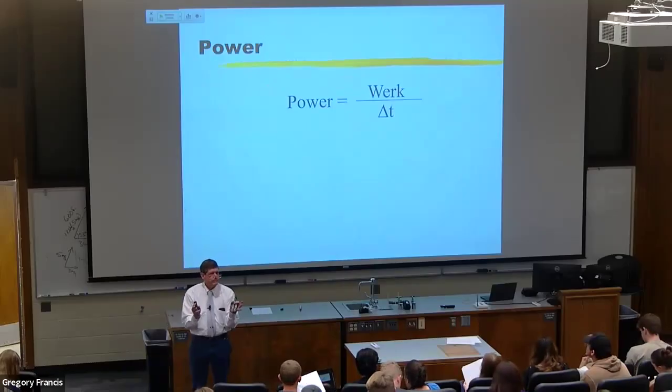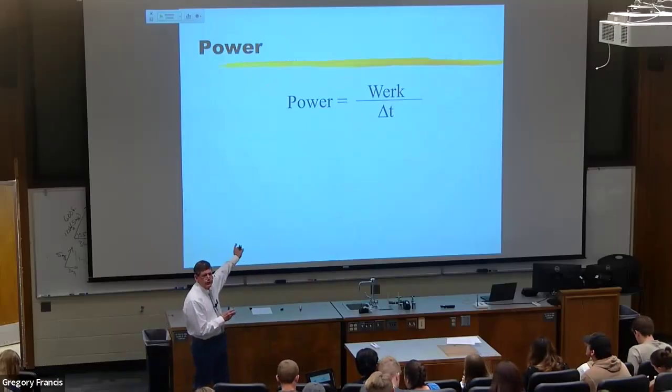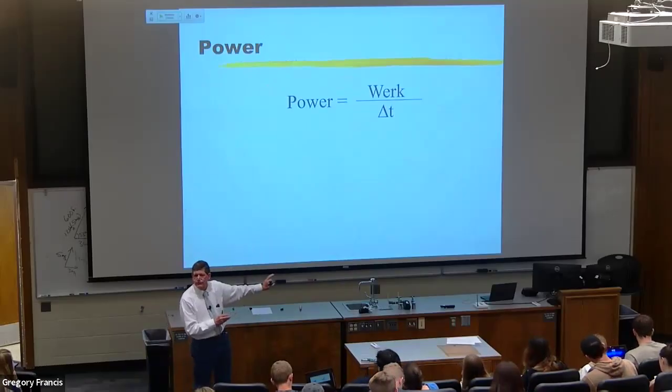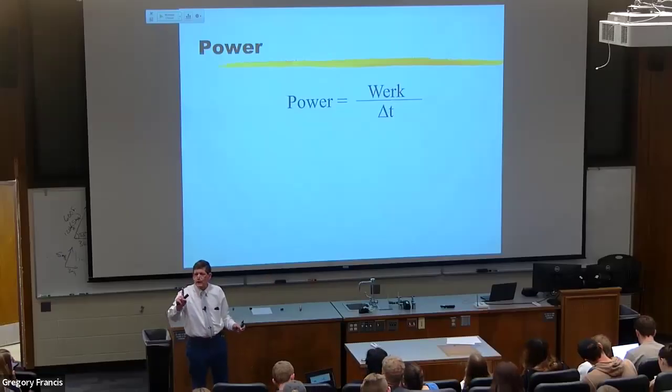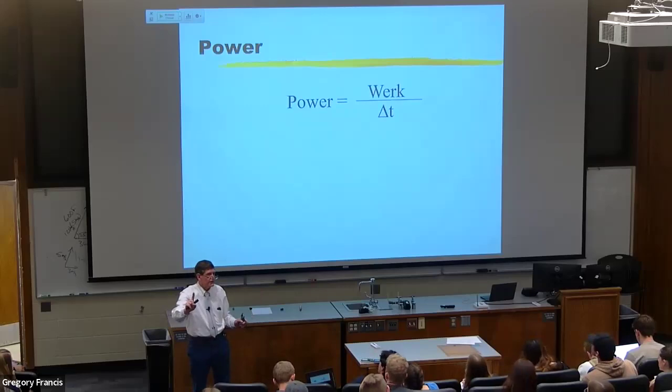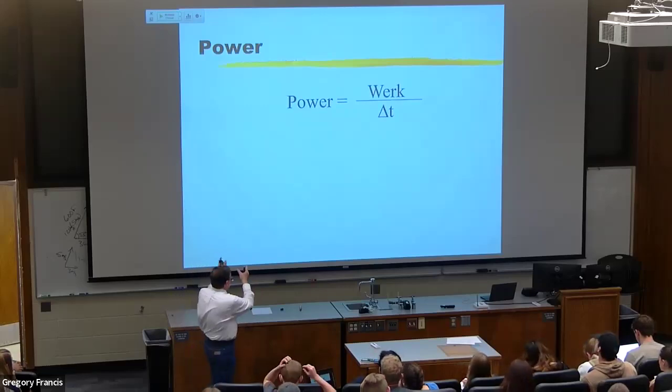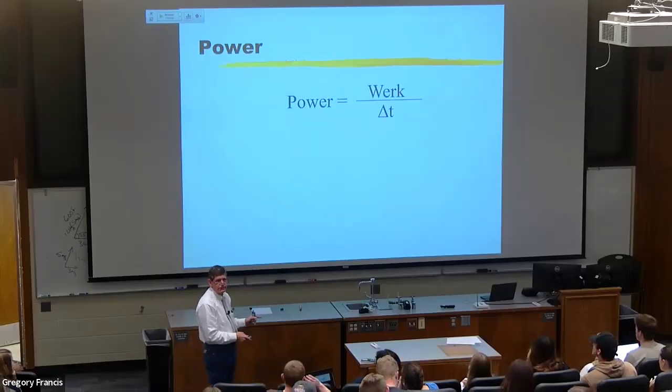This is general. If you have a definition that is a ratio, something divided by something else, the way you get a gut feeling for what that means is by setting the basement equal to 1, in this case, 1 second. And then power is equal to that work that can happen in 1 second. That's the gut level understanding, okay?